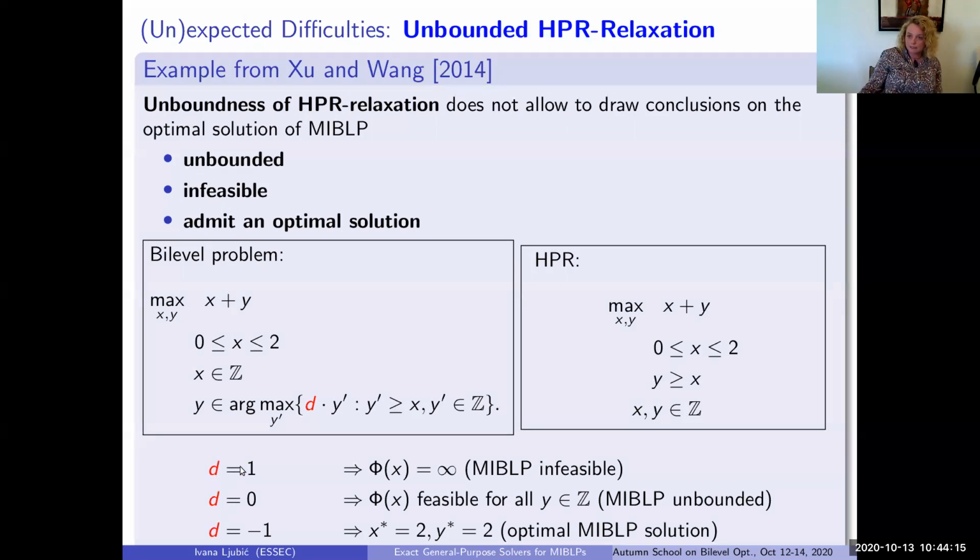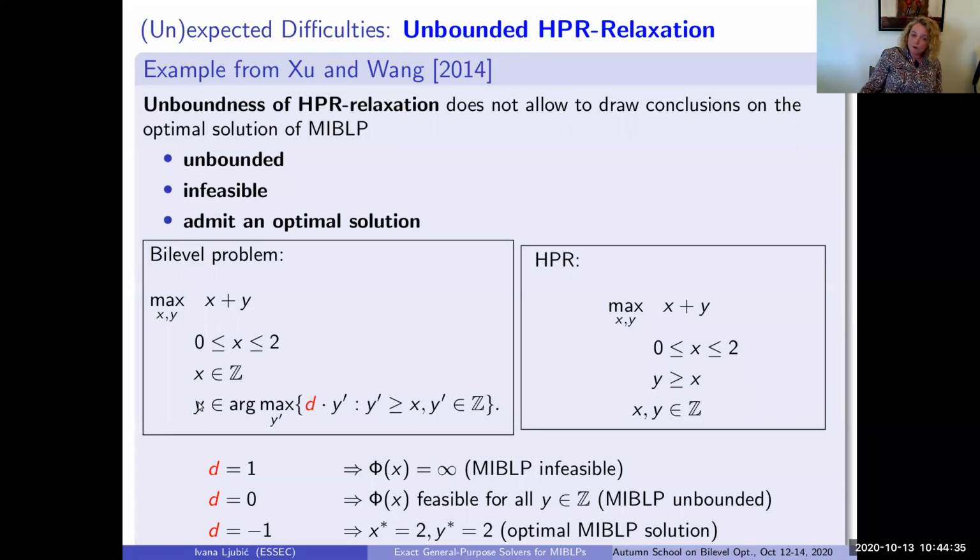Now, why is that? Let's have a closer look into this. If d is equal 1, then we are maximizing y, and y has to be greater or equal than x. So the problem is unbounded, which means that there is no maximizer of this problem.